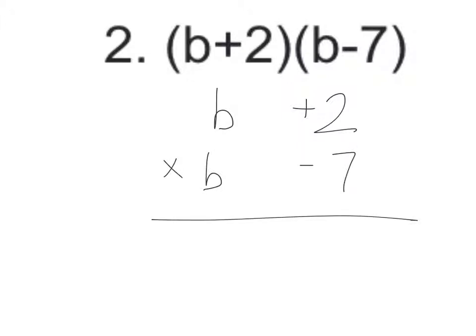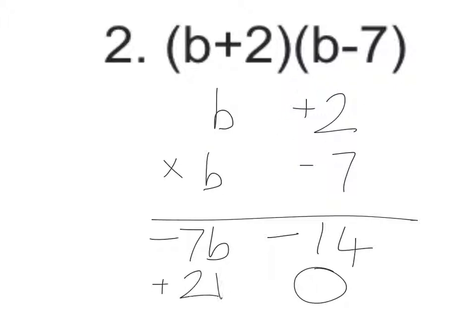Okay. Negative 7 multiplied by positive 2 is negative 14. Negative 7 multiplied by b is negative 7b. Put our 0 here. We've got b multiplied by positive 2, positive 2b, and we've got b multiplied by b, which is b squared.